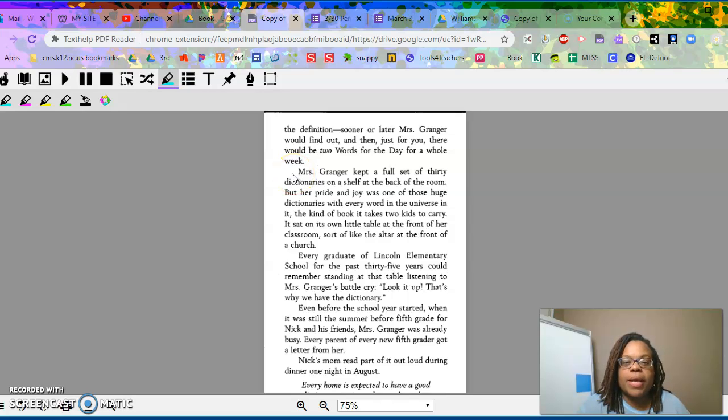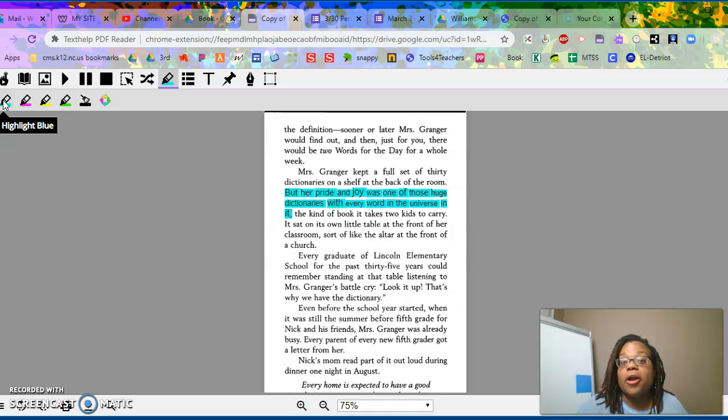So it says Mrs. Granger kept a full set of 30 dictionaries on a shelf at the back of the room. Her pride and joy was one of those huge dictionaries with every word in the universe in it. So right here, it's telling me about her pride and joy, the one that she liked the most.